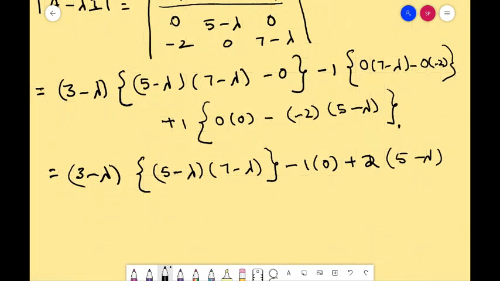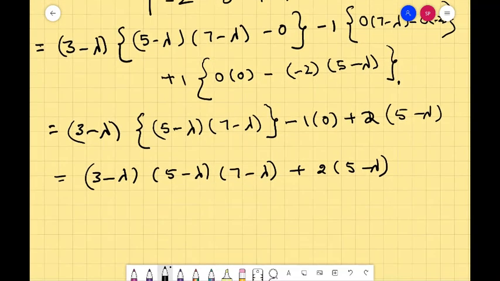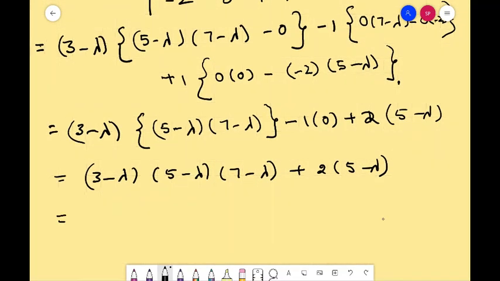Right. So this will be equal to (3 minus lambda) into (5 minus lambda) into (7 minus lambda) plus 2 into (5 minus lambda). So always we should try to factorize, because we even have to find the eigenvalues. So I can take 5 minus lambda common.